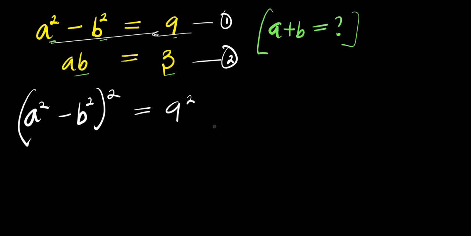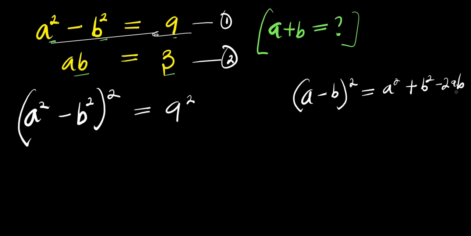Now, if you have a minus b to the power of 2, this is a squared plus b squared minus 2 times ab. Now, in this case, my a here is a squared, and b here is b squared.